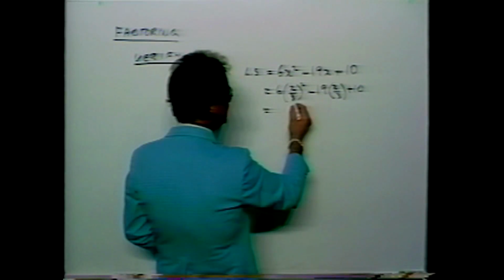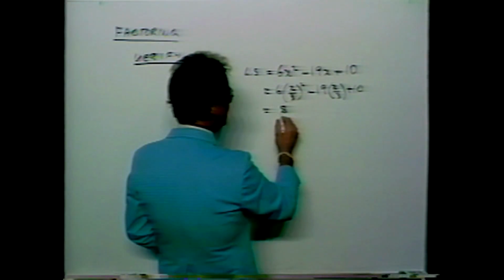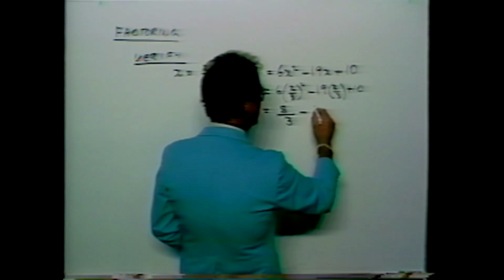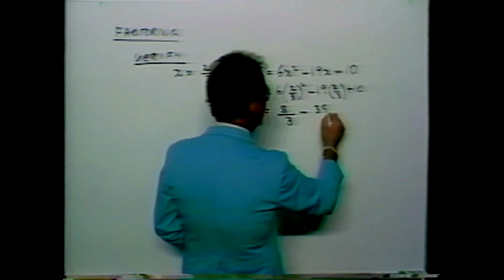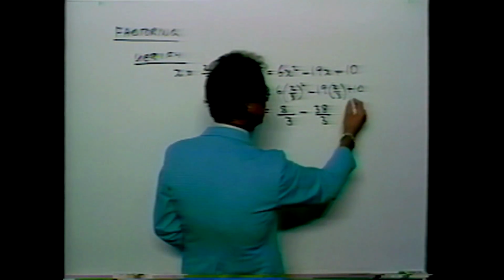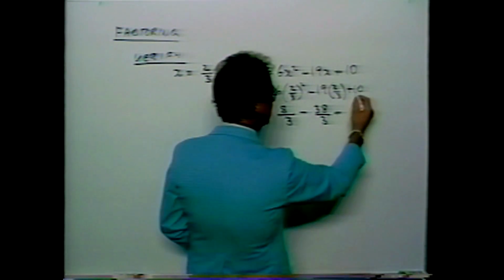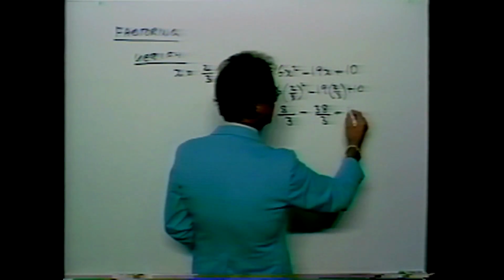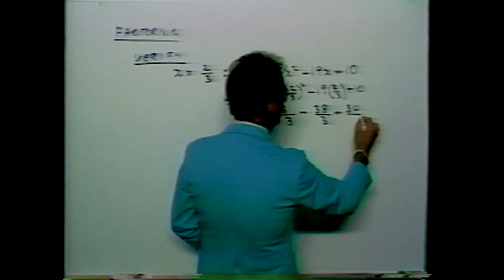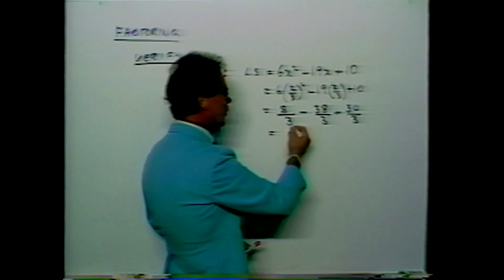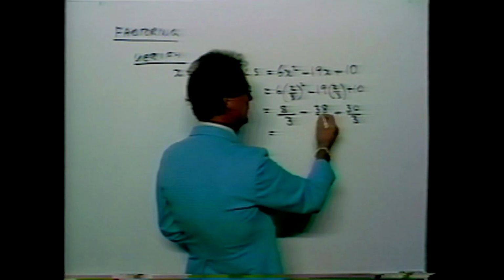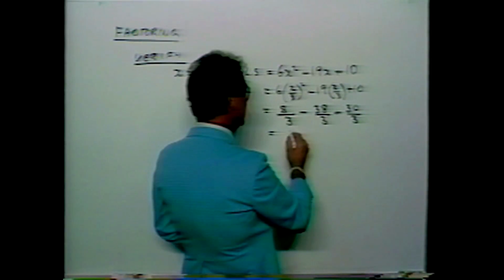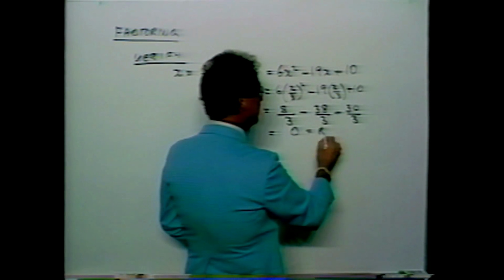We can simplify this to 8 over 3. Then 19 times 2/3 is 38 divided by 3, and establishing a common denominator, 10 is equal to 30 over 3. When you add 8 over 3 to 30 over 3, the amount is positive 38 over 3. Subtract 38 over 3, and the answer is 0, and that verifies.